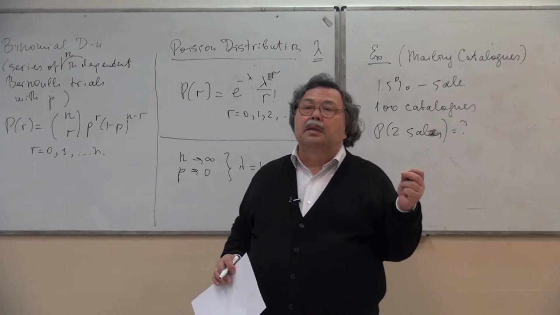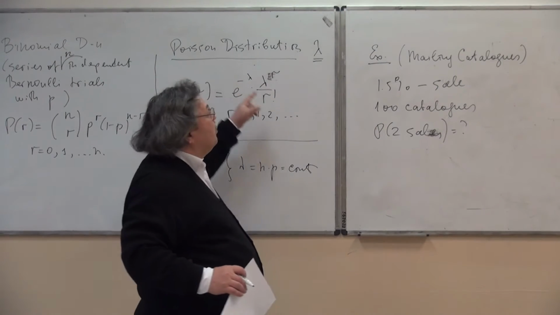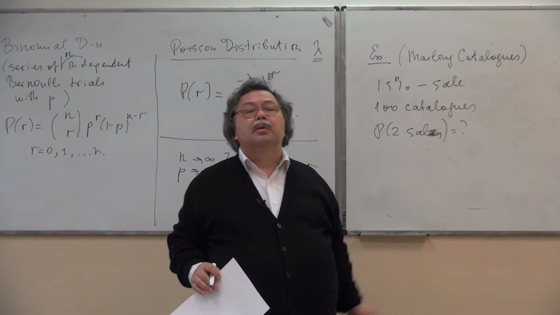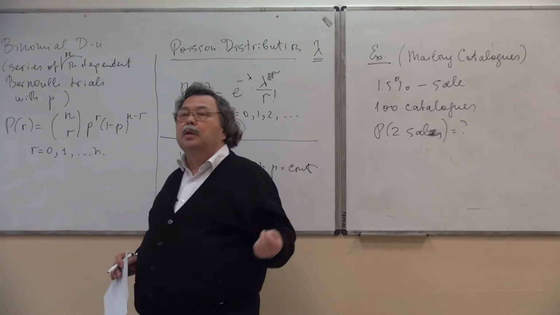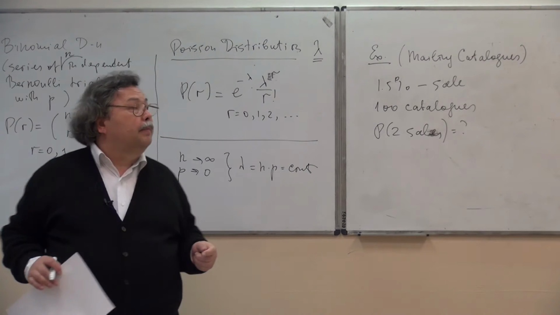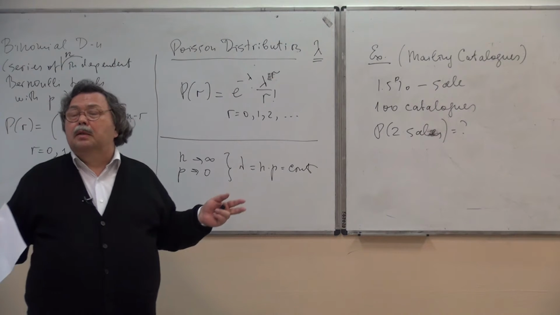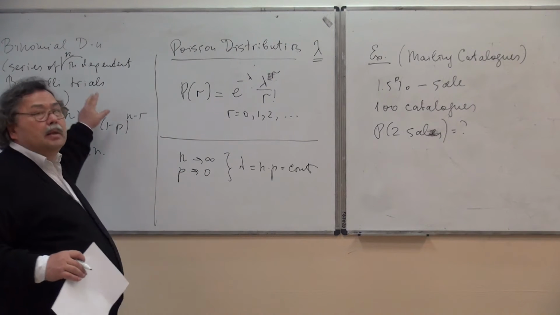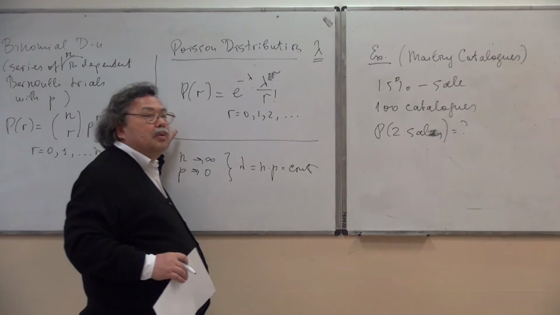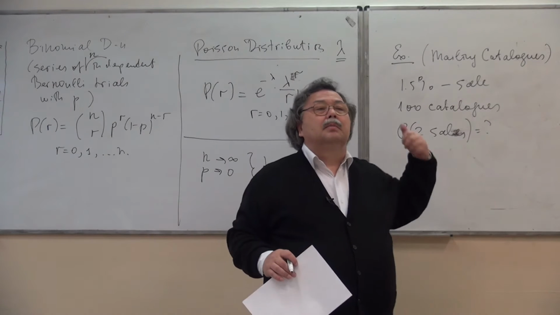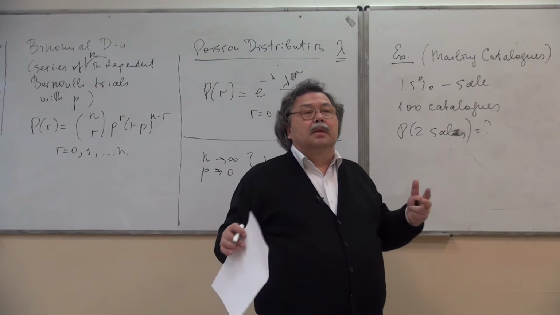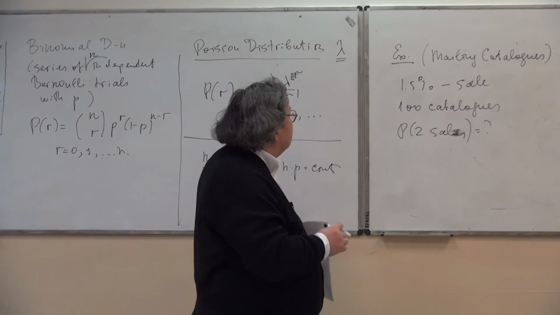So we can expect that the Poisson distribution can be a good approximation to the exact distribution, which here is the binomial one. Okay. Now let's do it twice. Let's apply the exact formulas of the binomial distribution, and then we'll see what Poisson distribution gives us, whether the two answers are close or not.